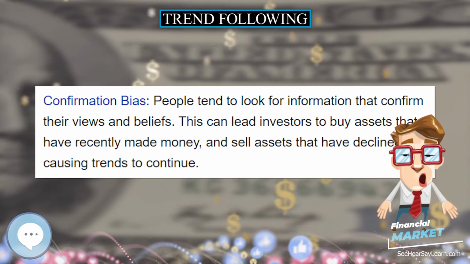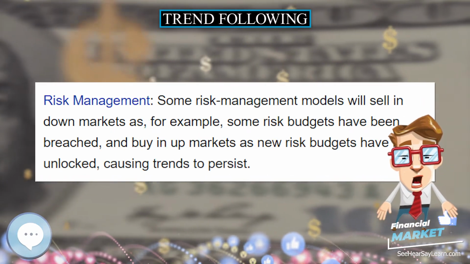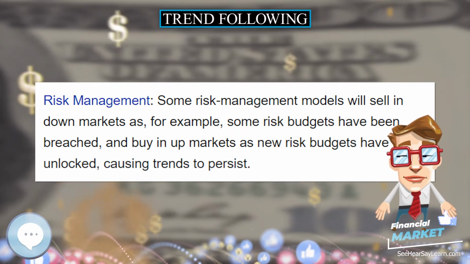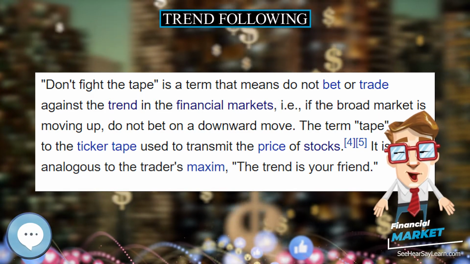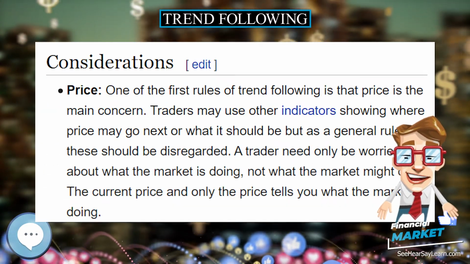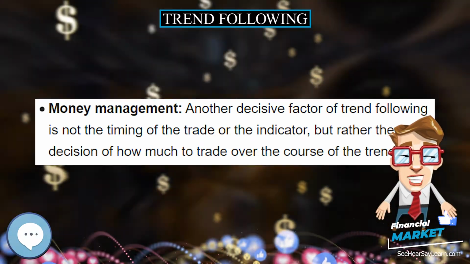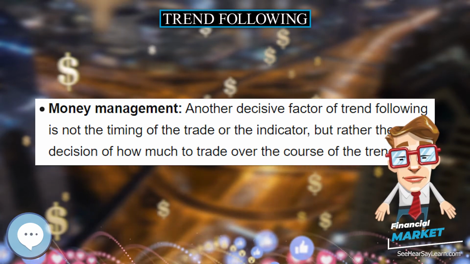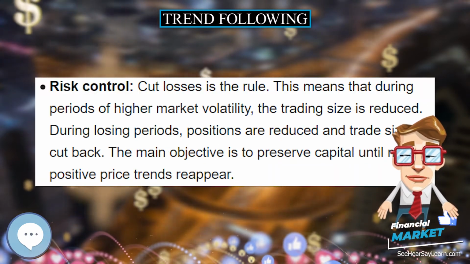In the words of Tom Basso, in the book Trade Your Way to Financial Freedom, the key reasons for trending markets are a number of behavioral biases that cause market participants to overreact. Herding: after markets have trended, some traders jump on the bandwagon, thus prolonging the herding effect and trends. Confirmation bias: people tend to look for information that confirms their views and beliefs.